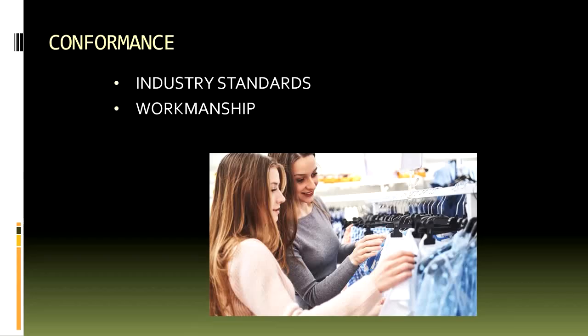Also whether it fits the body, the shape of the garment. All these things come under the conformance of the product from the consumer's point of view. So this is one of the dimensions of quality.